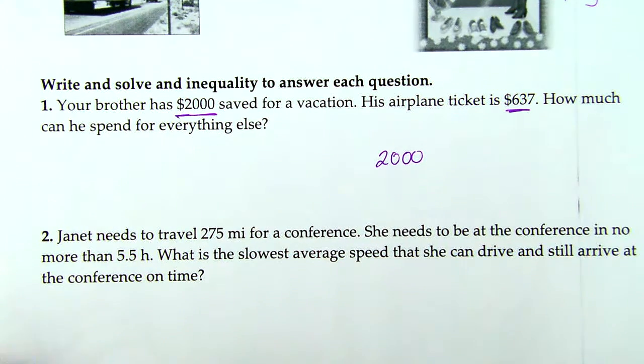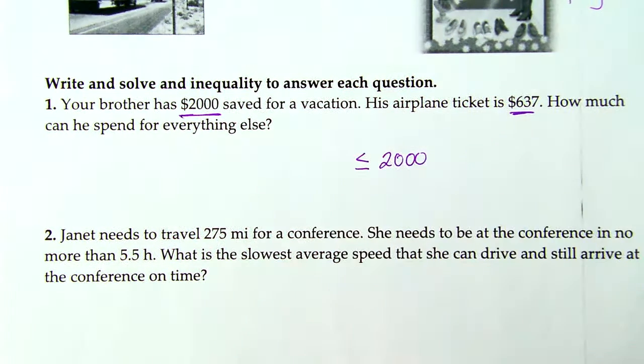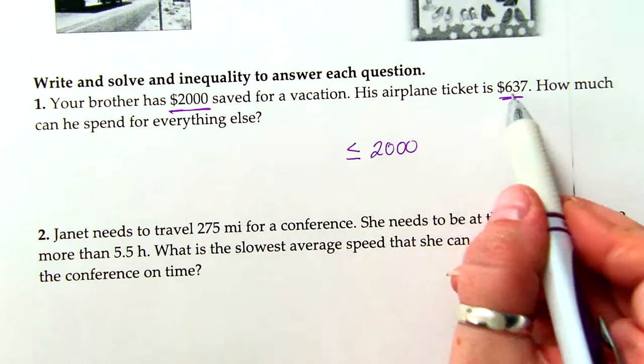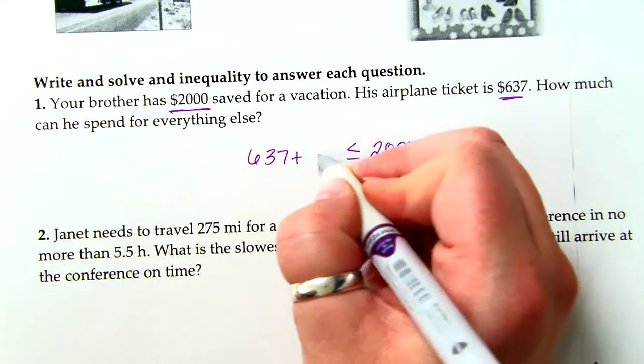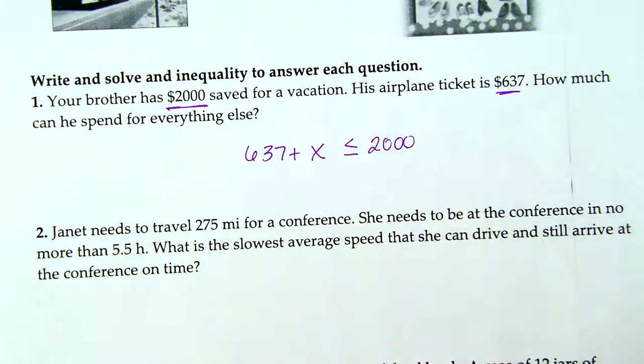Now because he has $2,000 and he can't spend more than what he has, what he's spending should be less than or exactly $2,000. So he's already spent $637. We want to know how much more he can spend. So plus how much more would be less than or exactly $2,000.